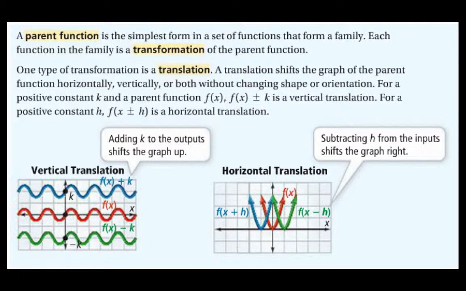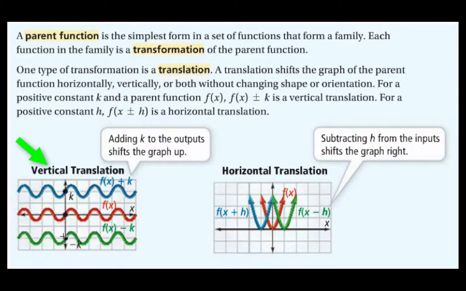For a positive constant h, f of x plus or minus h is a horizontal translation. So you can see here, if we want to translate vertically, we take the function and we add or subtract some constant. If we want to horizontally translate a function, then we change the input value of the function, so f of x plus or minus some constant.